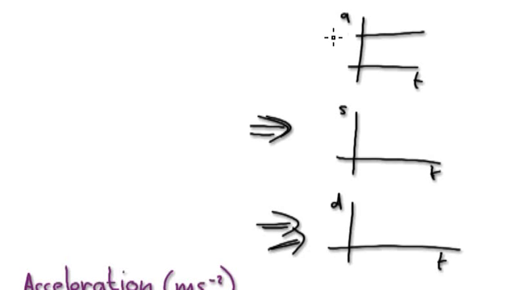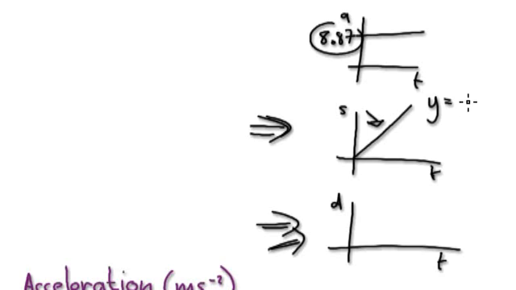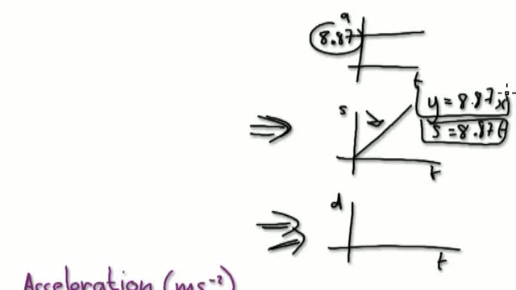Because there's an acceleration of 8.87, you know there's an increase in speed, and this gradient is the acceleration. So you can say y equals 8.87x, or in this case s equals 8.87t. You can use this or this.